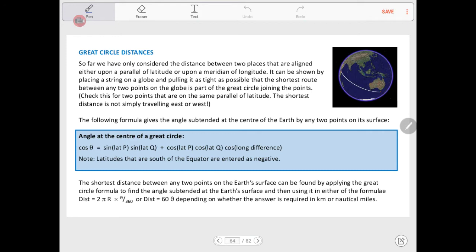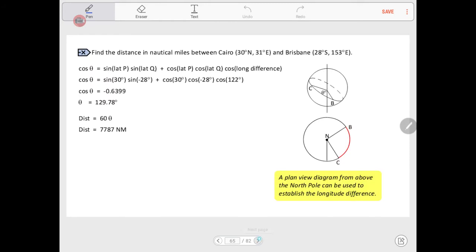This formula looks big, and it is big, but it's not that hard to use once you get the hang of it. It involves the latitudes of the positions and the angular separation, or the difference in longitude. So probably the best way is for me to get straight into an example with you.